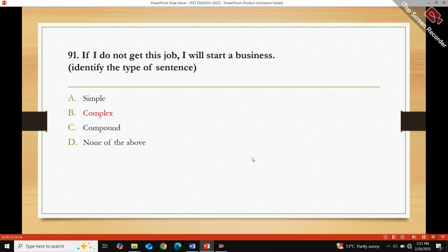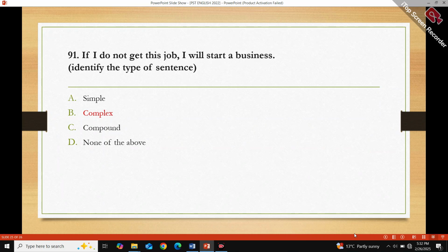And the next one is: "If I do not get this job, I will start a business." Identify the type of sentence. Option A is simple. A simple sentence has only one independent clause and no dependent clause. A complex sentence is made up of one independent clause and at least one dependent clause.